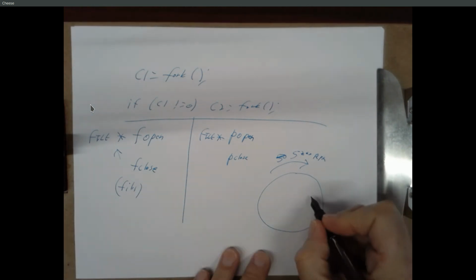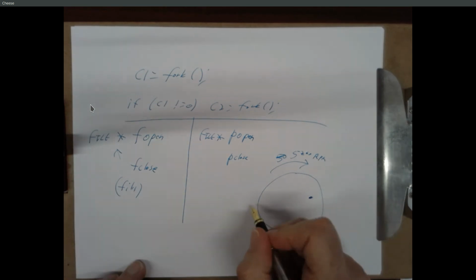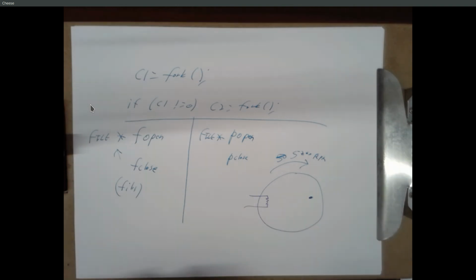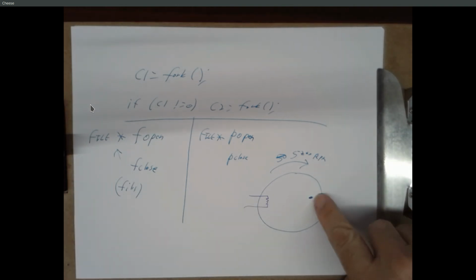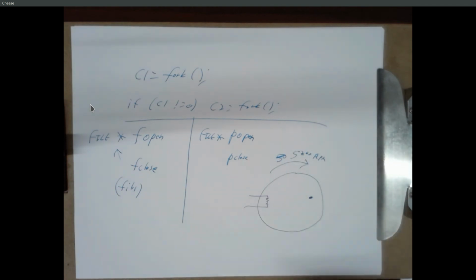And your file begins right here. Well, you have a read-write head sitting over here, and you can't write to this part of the disk until that part of the disk is underneath the read-write head, so you have to wait for typically half a revolution.